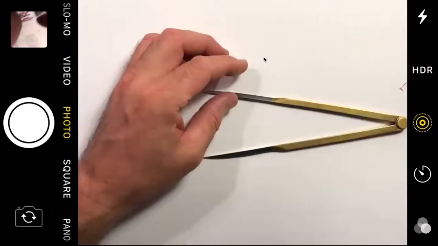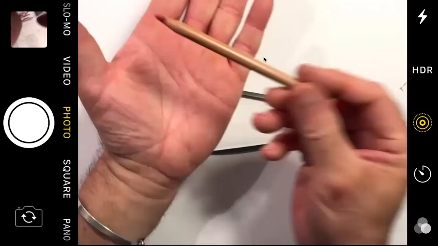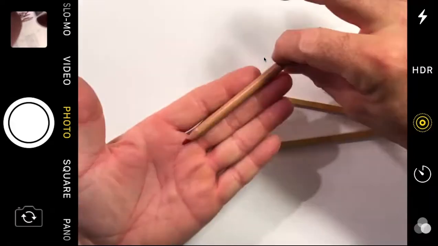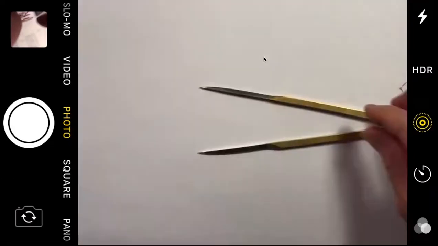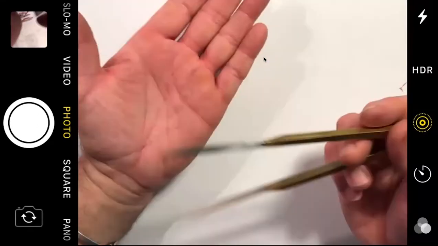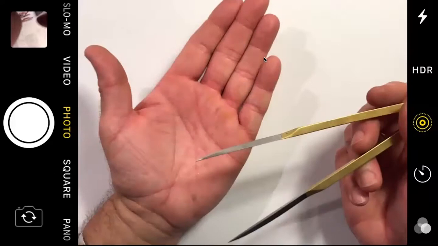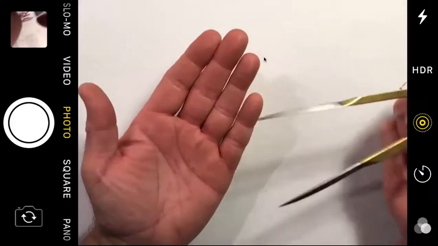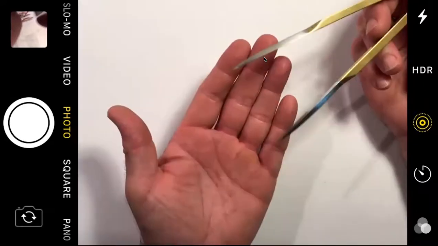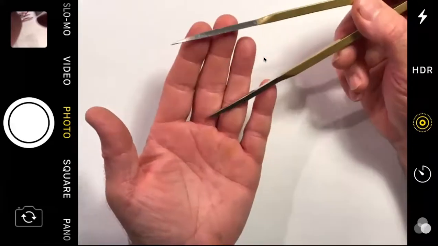If I want to look at the proportion of this, I take this and I see how long it is. But this is better because it's bigger and more precise. So I want to look at the typical proportion of the hand. You copy what I do, but later try to draw your own hand using your own proportion, right?